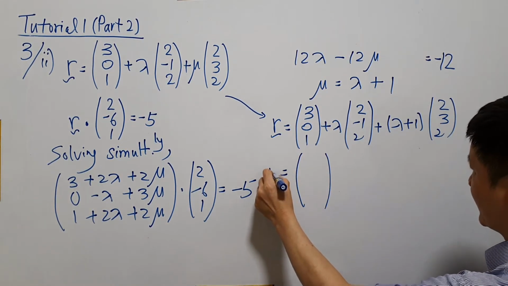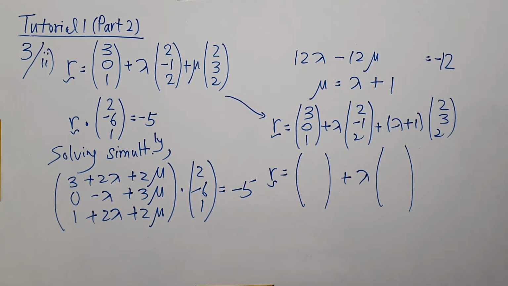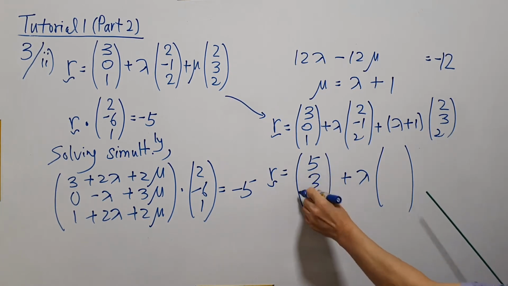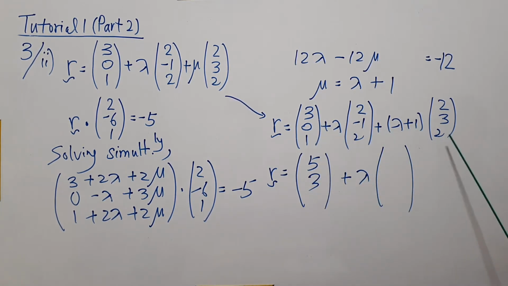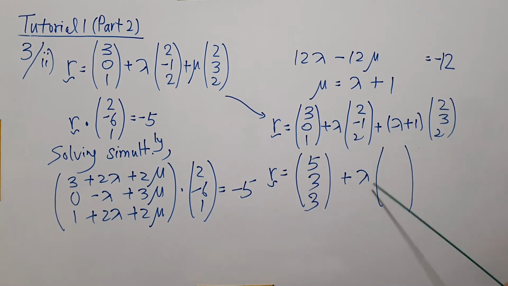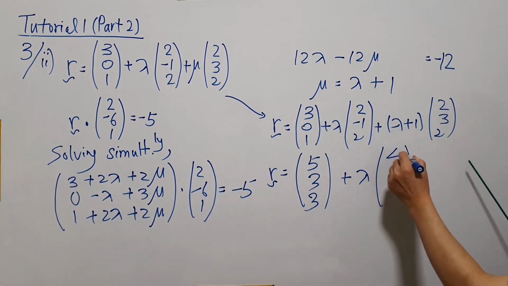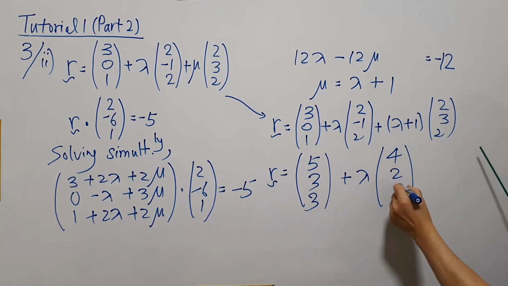I'm going to tidy up this one as r equals to, okay, let's see, 3, 0, 1 plus 1 times this becomes 3 plus 2 is 5, 0 plus 3 is 3, 1 plus 1 times 2 is 3. And then for the lambda portion, lambda of this plus lambda of this becomes lambda of this plus this. 2 plus 2 is 4. This and this gives you 2, and lastly 4.